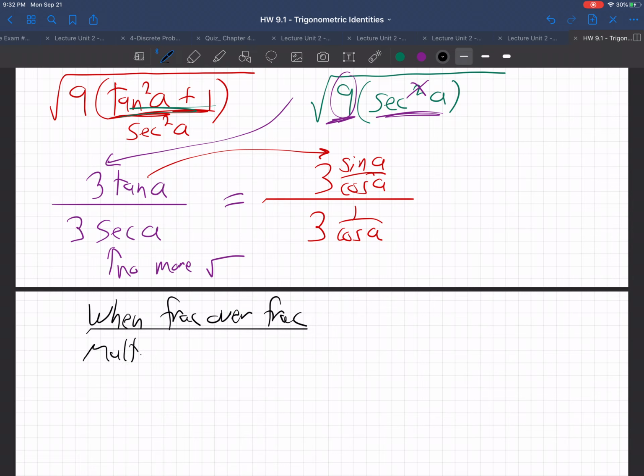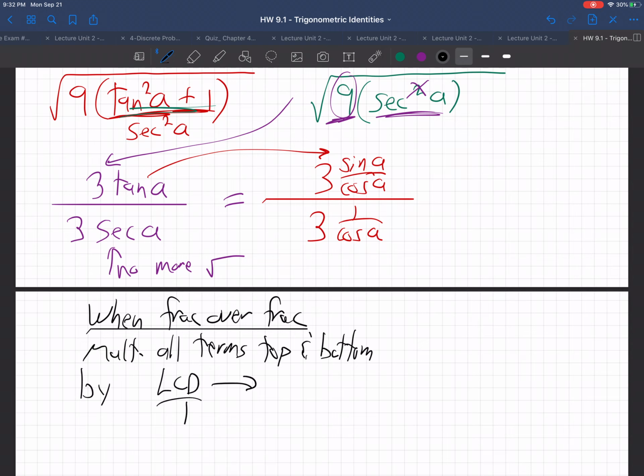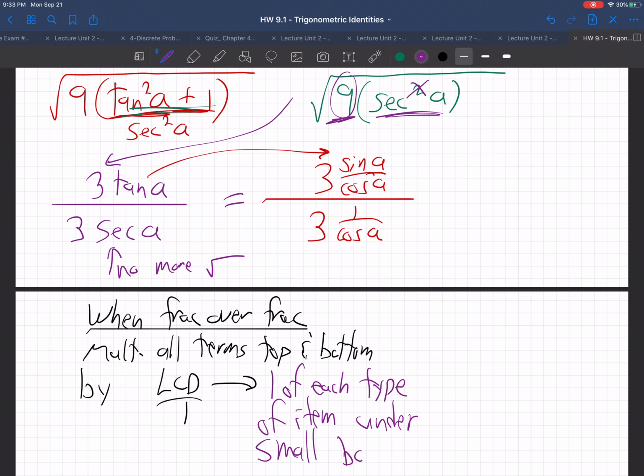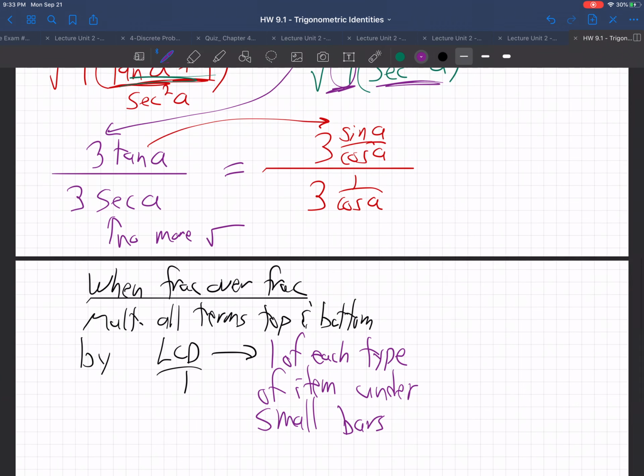You multiply all the terms, top and bottom, by the LCD over 1, and the LCD is 1 of each type of item under the small bars.